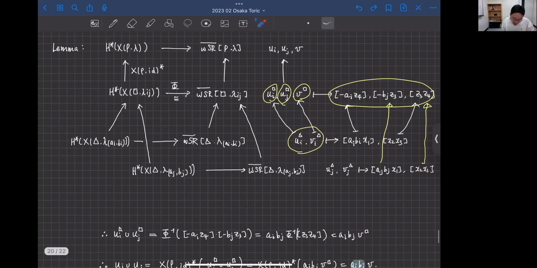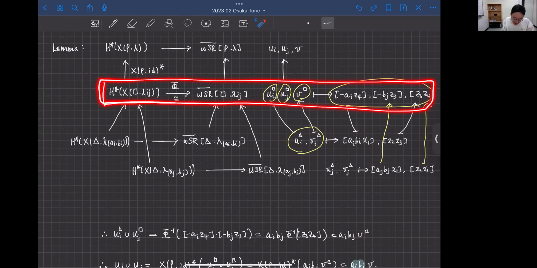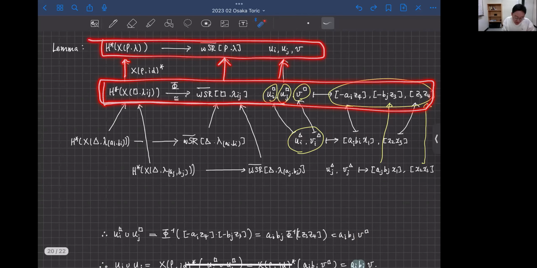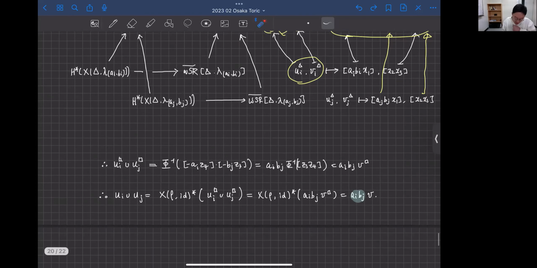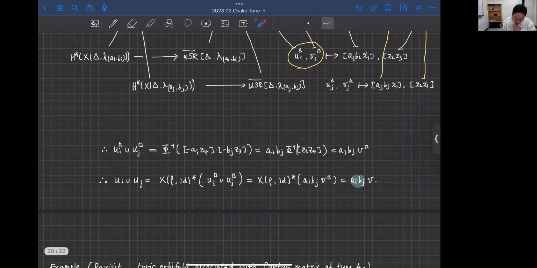And then finally, all this square computation at the level of the square gives the one off-diagonal entry of the cup product structure of the given toric orbifold, right? So just a parallel computation coming from this square example. So we have this one, right? This is in X of the square, and this is in X of P lambda, right?